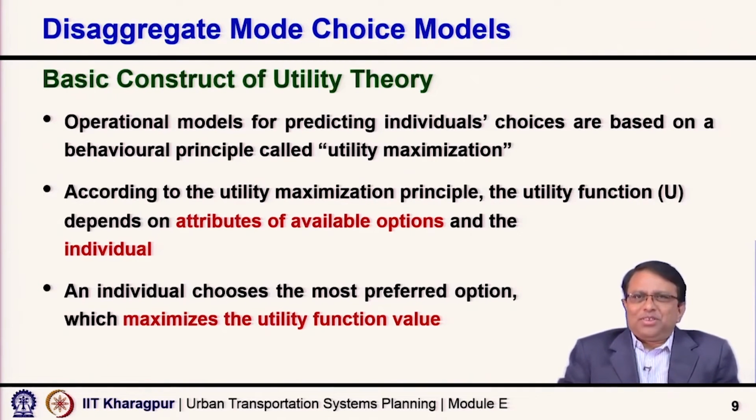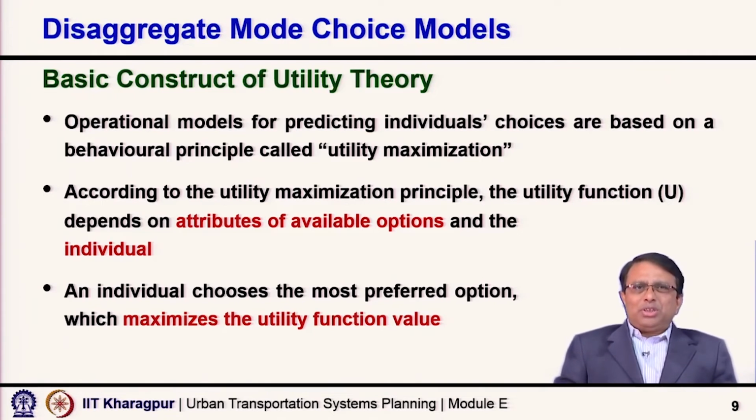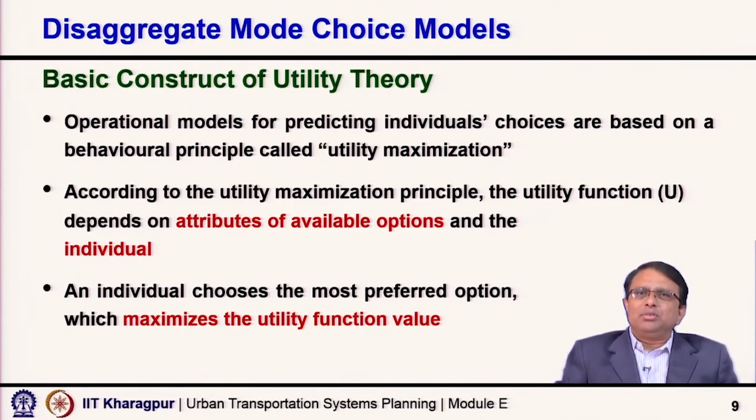Now, let us look at the basic construct of utility theory. Operational models for predicting individual choices are based on a behavioral principle called utility maximization. Very, very interesting and very, very important for you. Okay. So, what does it say? What is utility maximization?